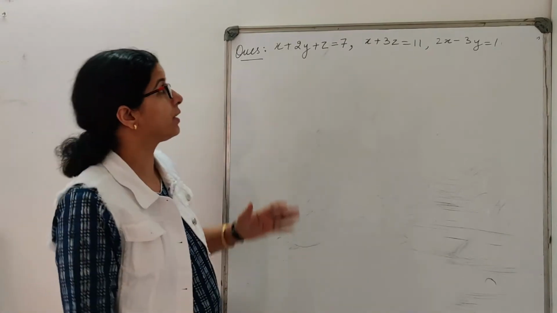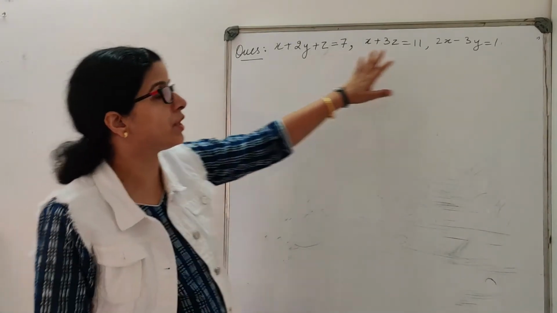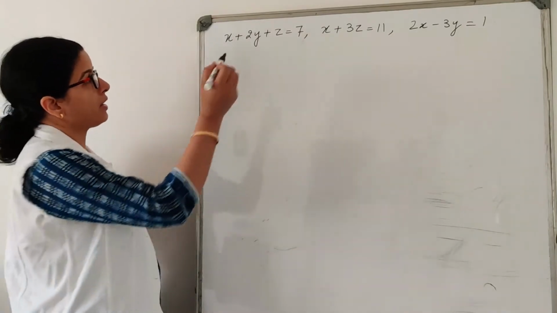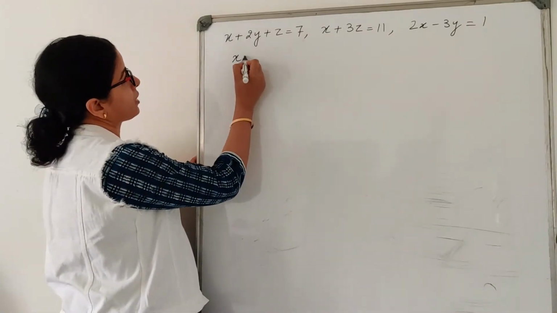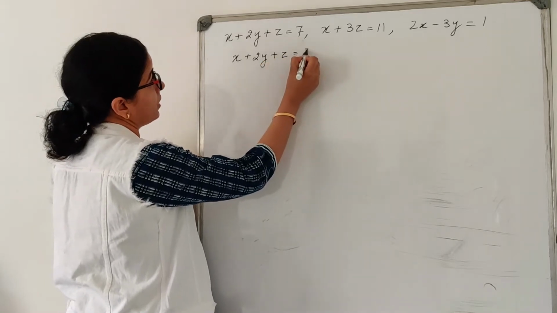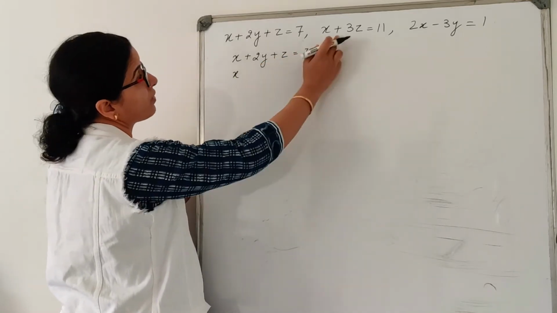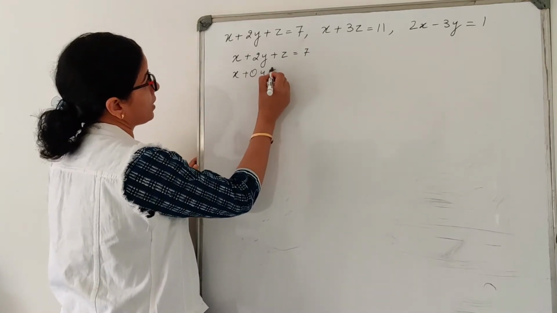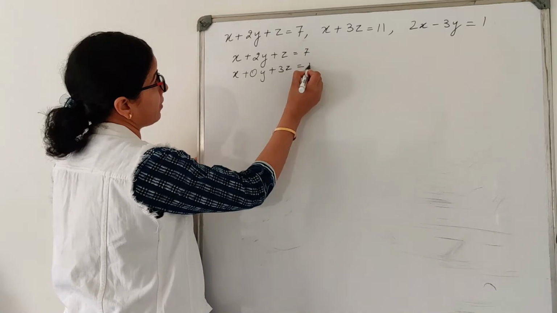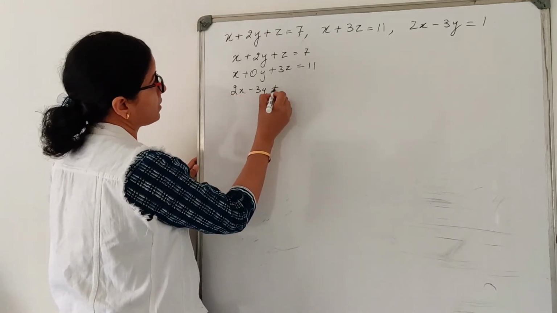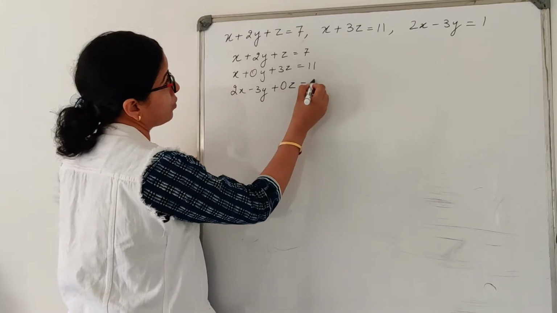So now I have another example in which I have 3 unknowns. So now let us solve this question. First we'll write it in a proper manner. So x plus 2y plus z equals 7. Next is x. We don't have any term of y here. So plus 0y plus 3z equals 11. 2x minus 3y plus 0z is equal to 1.